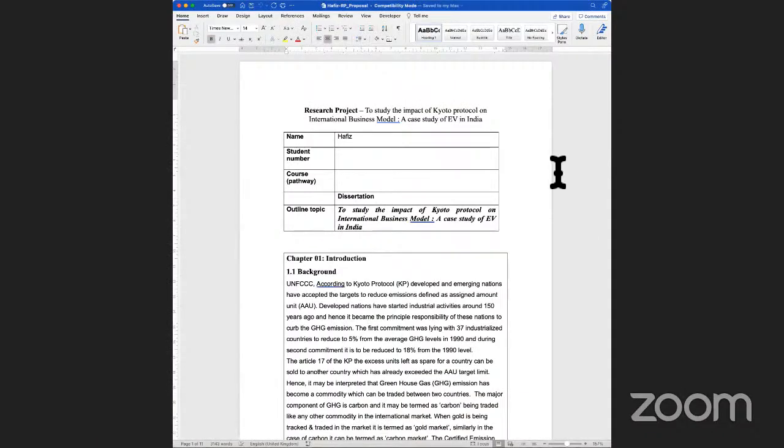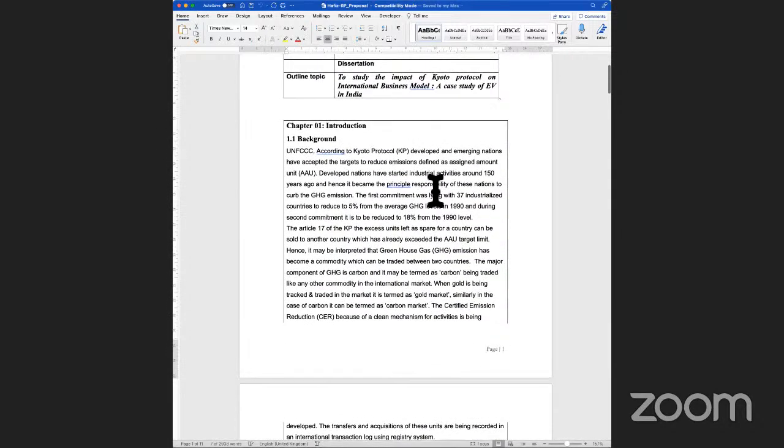Now, this is a particular example of a research project, and the aim of the project was to study the impact of the Kyoto Protocol on the international business model. It takes a case study of an electric vehicle in India. The overarching title of the research is to study the impact of the Kyoto Protocol on the international business model.